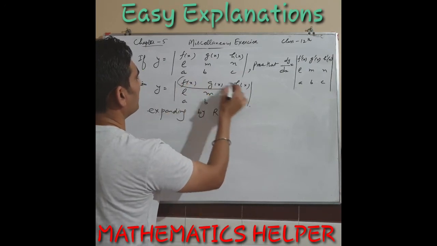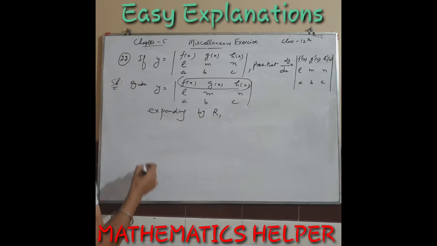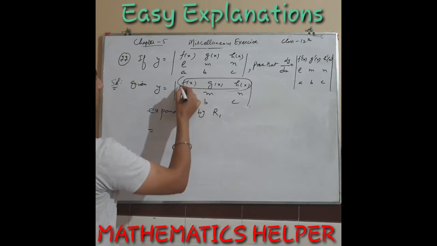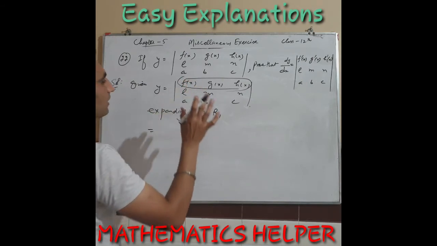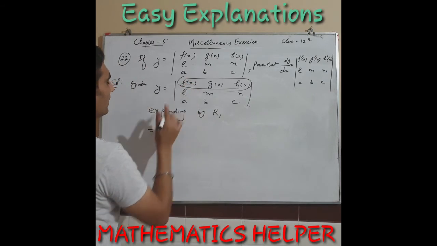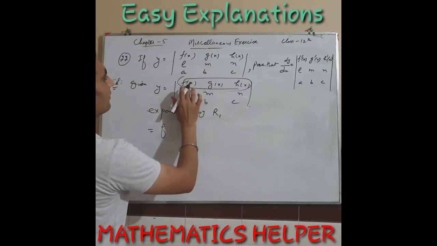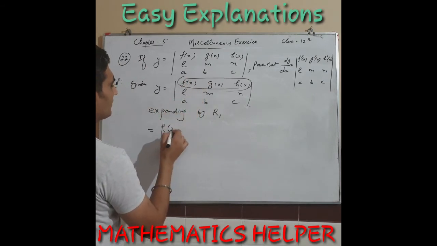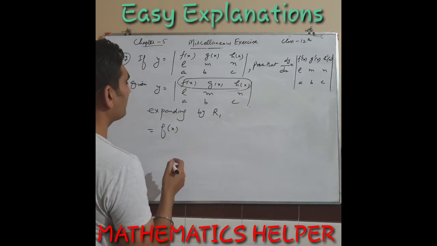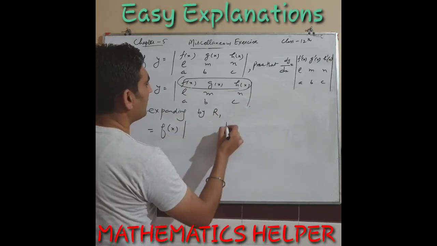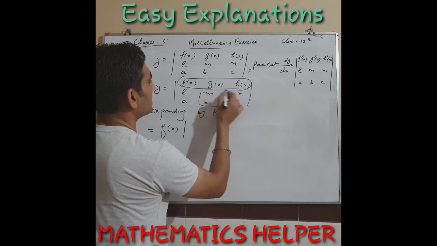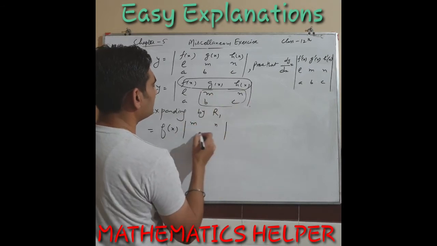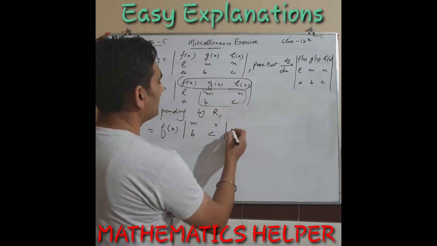As you know, when we expand from here, we take care of position first. If I am going to expand with respect to the first row, first of all f(x) will be there. Then it will have the combination of these four values m, n, b, c.